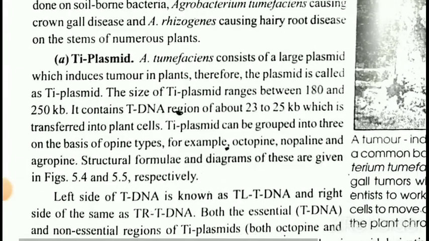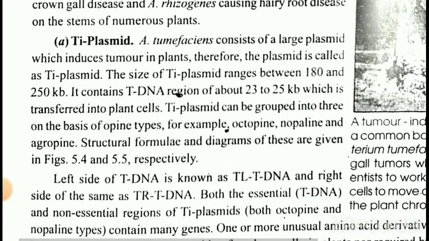A. Ti plasmid. A. tumefaciens consists of a large plasmid which induces tumor in plants, therefore the plasmid is called the Ti plasmid. The size of the Ti plasmid ranges between 180 and 250 kilobase. It contains a T-DNA region of about 23 to 25 kilobase, which is transferred into plant cells.